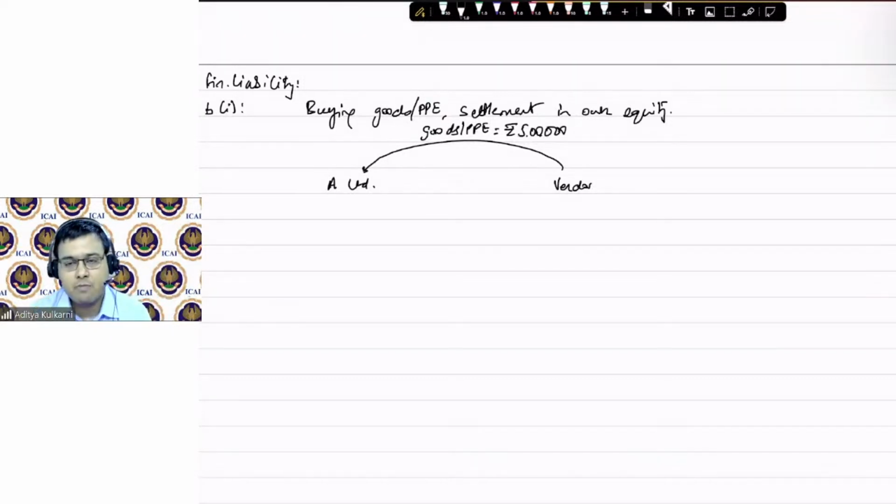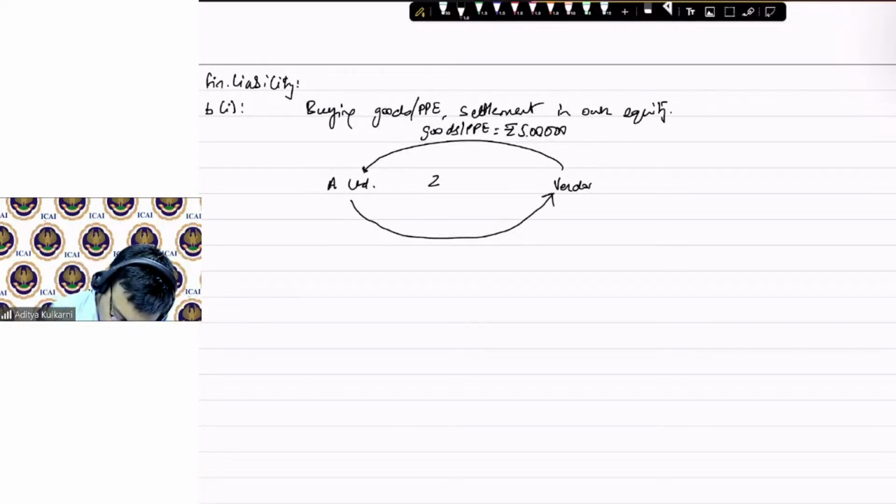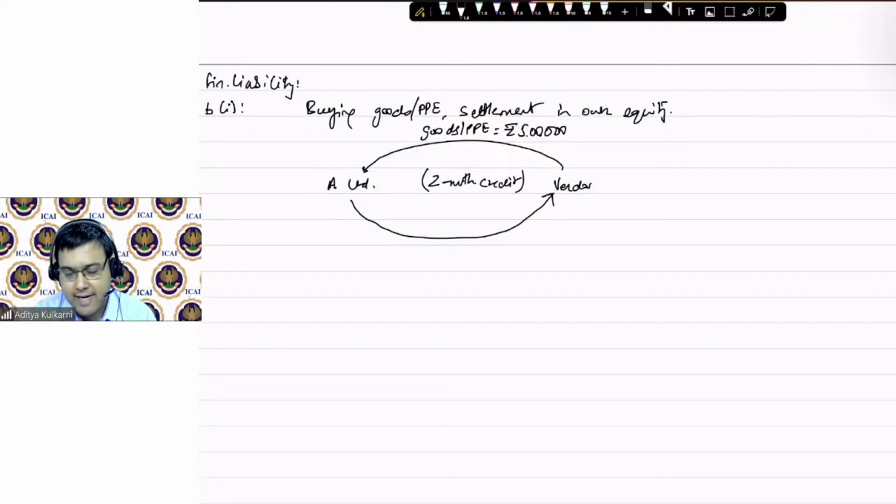On the invoice, the taxable value of these goods or property, plant, equipment is 5 lakh rupees. In return, there is a 2-month credit. Against the 2-month credit, the vendor has agreed, and A Limited is also going to issue shares.